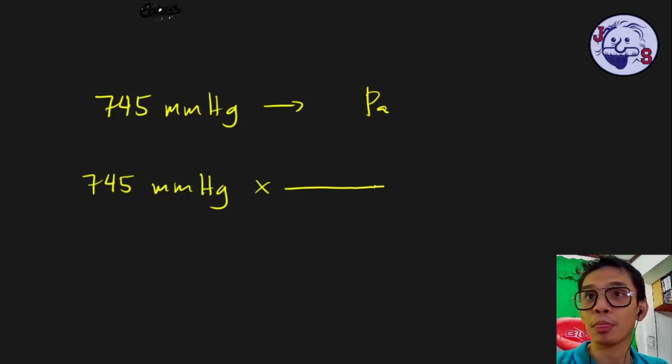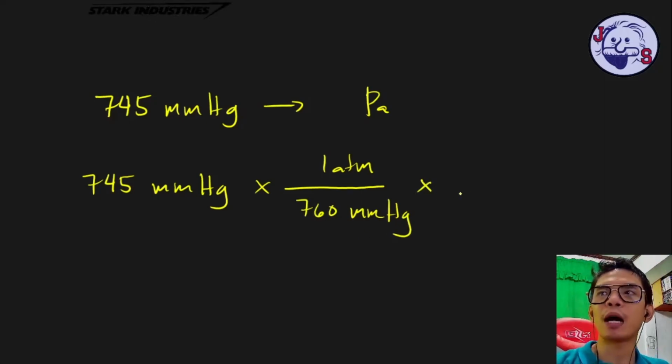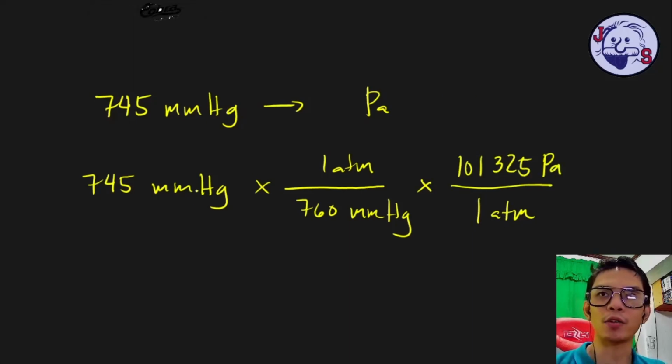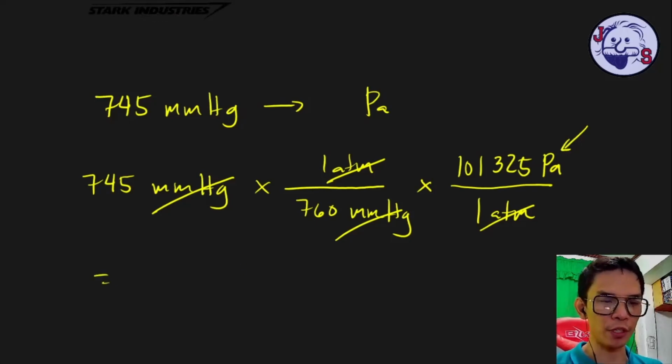So we have 745 millimeters of mercury times the conversion factor 1 atmosphere is equivalent to 760 millimeters of mercury, times another conversion factor, 1 atmosphere is to 101,325 Pascal. Let's cancel all the units that are similar, and we are left with this unit. So what is the answer? We have 745 over 760 times 101,325.